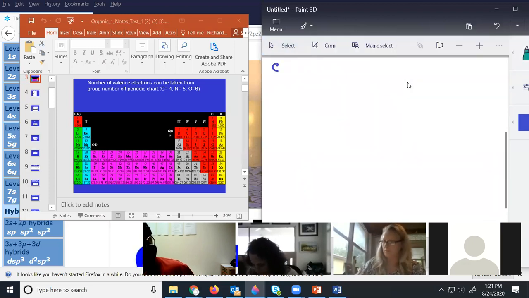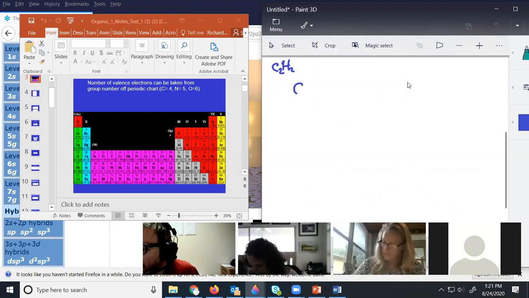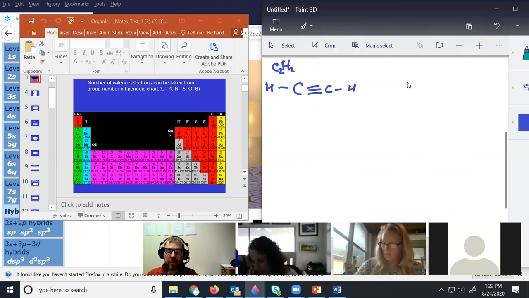So that'd be, I guess, a C2H2. Now, if you're putting this together and you want everything to have 4 bonds on it, it has to look like this. That's the only way you can arrange that so you get the 4 bonds on the carbon atom. So it has to be triple bonded. Everybody okay with that? Anybody have any questions?